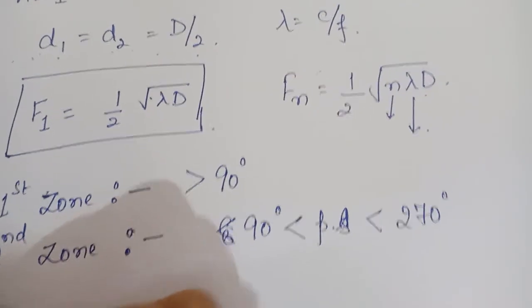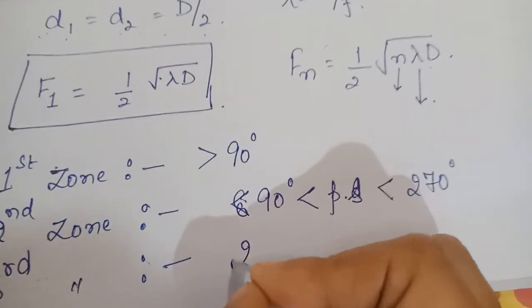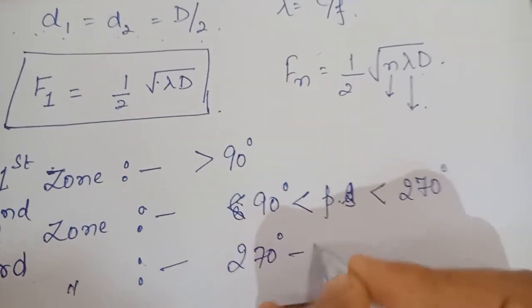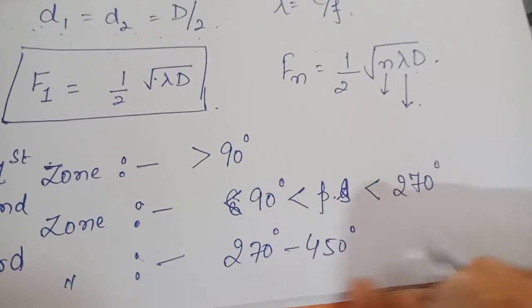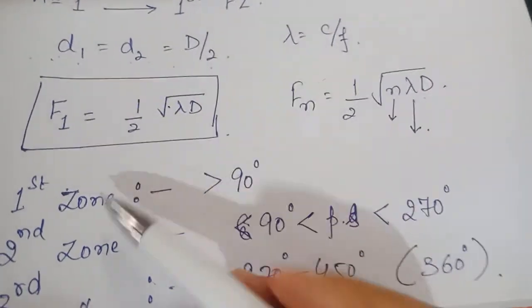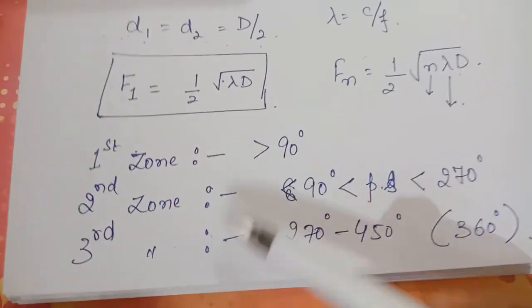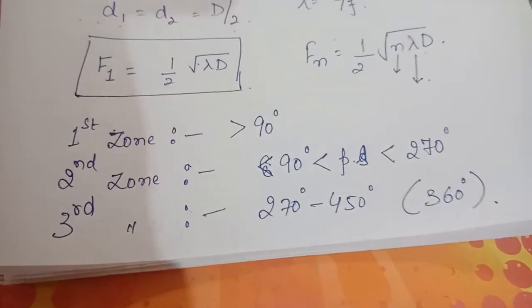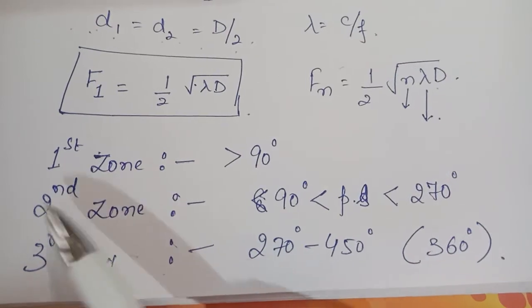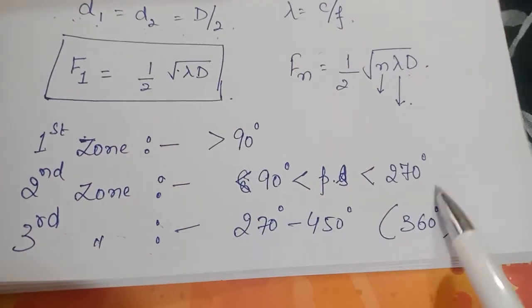When it follows the third zone, your phase shift will be between 270 degrees and 440 degrees, but ideally we take it as 360 degrees, which is almost in phase. So when a signal travels through the first zone and the third zone, they will be in the same phase. Similarly, when your signal travels through the second zone and fourth zone, they will follow this phase shift.